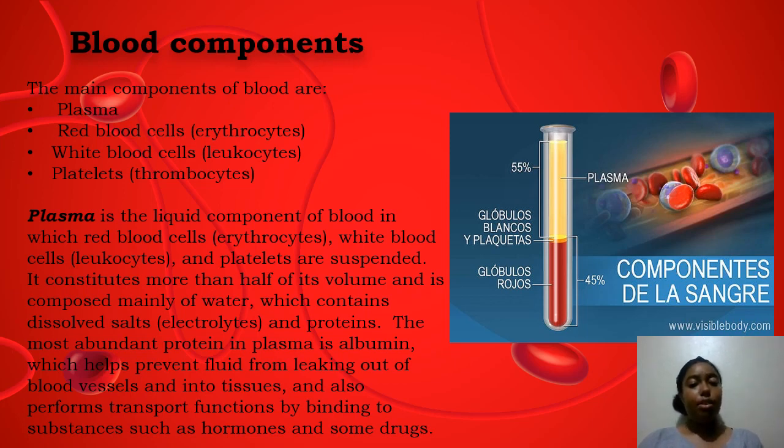It constitutes more than half of its volume and is composed mainly of water, which contains dissolved salts or electrolytes and proteins. The most abundant protein in plasma is albumin, which helps prevent fluid from leaking out of blood vessels and into tissues, and also performs transport functions by binding to substances such as hormones and some drugs.